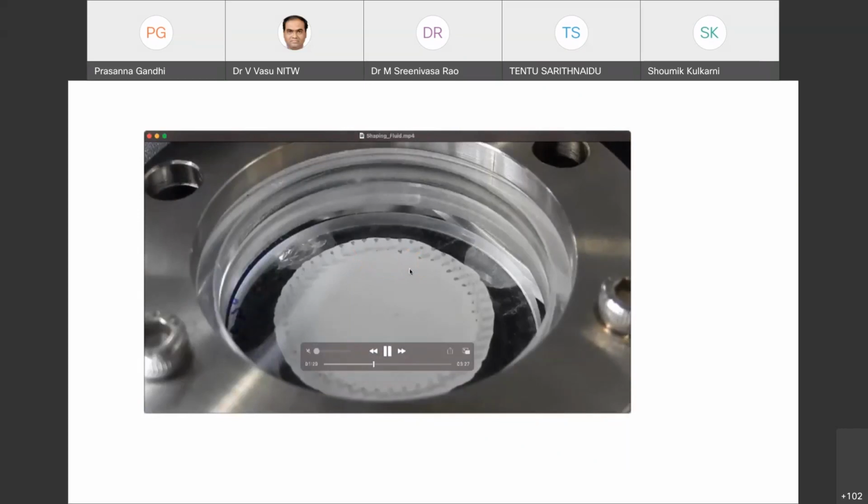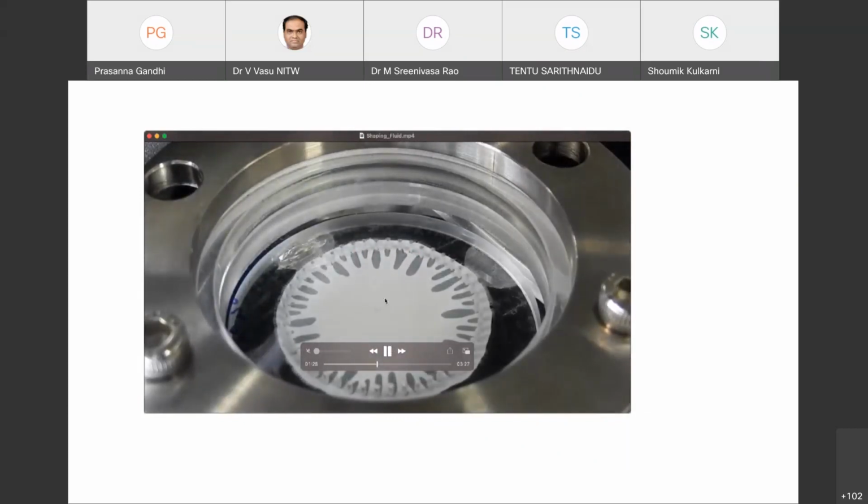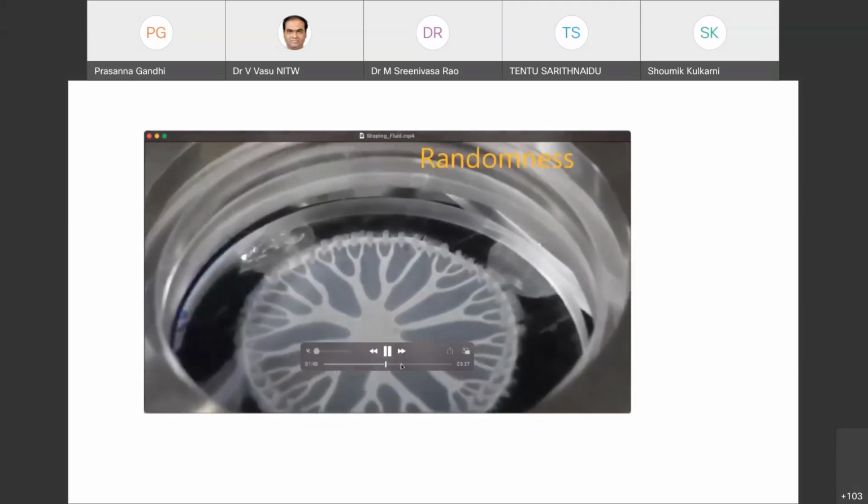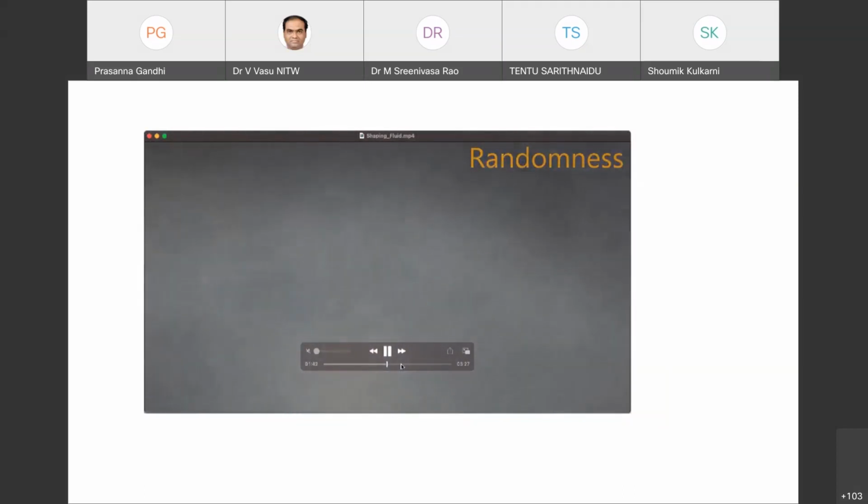If you want the holes to come into the picture for controlling the pattern, you do it at very, very low speeds, and then this will start happening. And this creates the geometries that we have seen. These controlled geometries will get created.